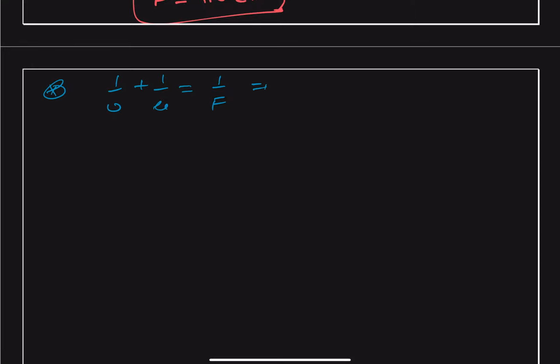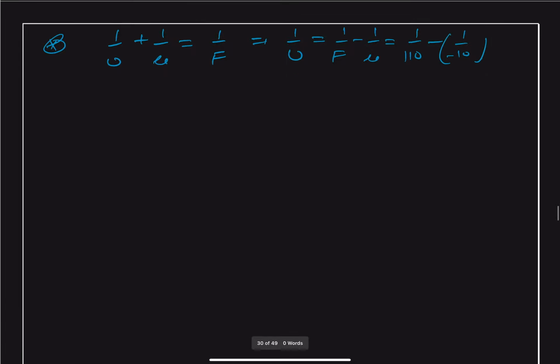So 1 upon V is equal to 1 upon F minus 1 upon U. This gives 1 upon 110 minus 1 upon minus 10, so V is equal to minus 11 centimeters.